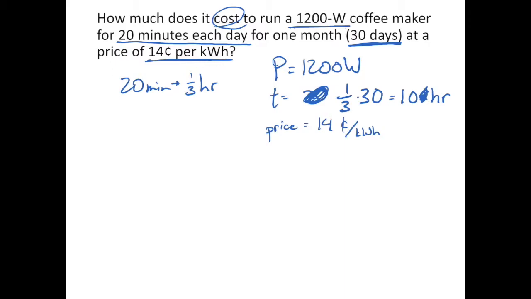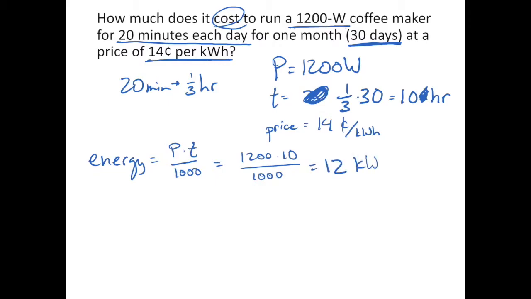We're going to do the same procedure again, find out what our total energy is. Our total energy is going to be the power in watts multiplied by the time. We're going to divide by 1,000 so we can get the right units. So we get 1,200 times 10 divided by 1,000. That becomes 12,000 divided by 1,000, and that is 12. So the total energy we're talking about is 12 kilowatt hours, and your cost equals your energy times the price.